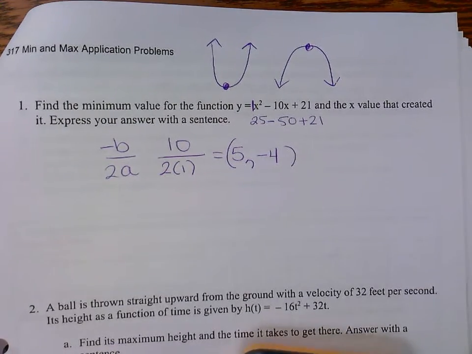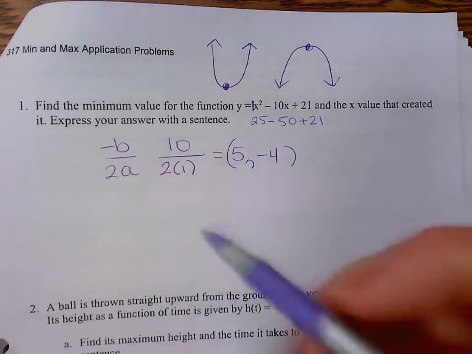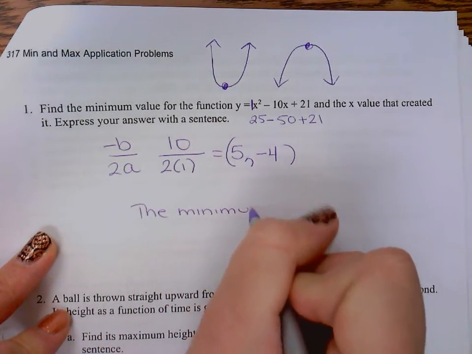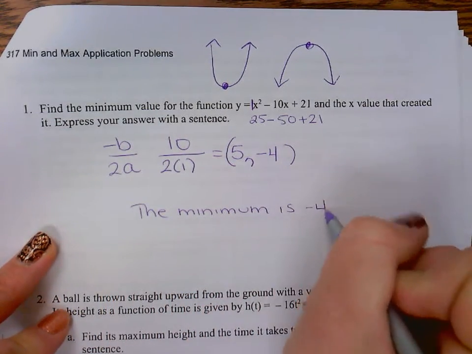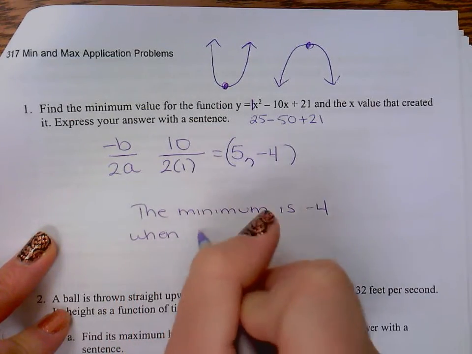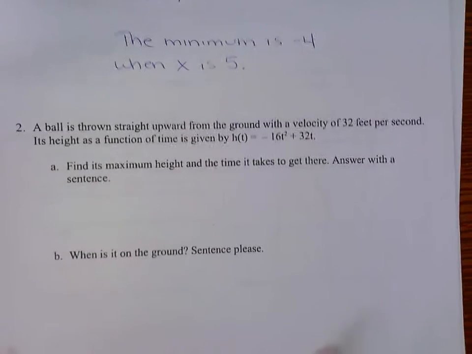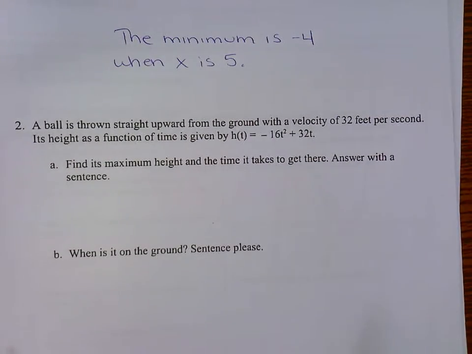Double checking, yep. So the minimum is negative 4 when x is 5. So now for each of these, you're going to be finding the vertex, so you could pause and then check your answers with the video.